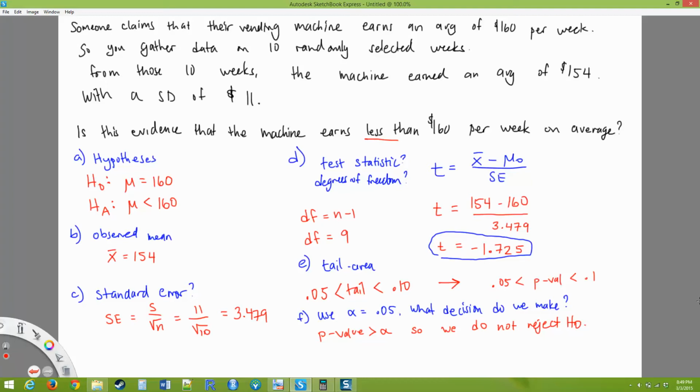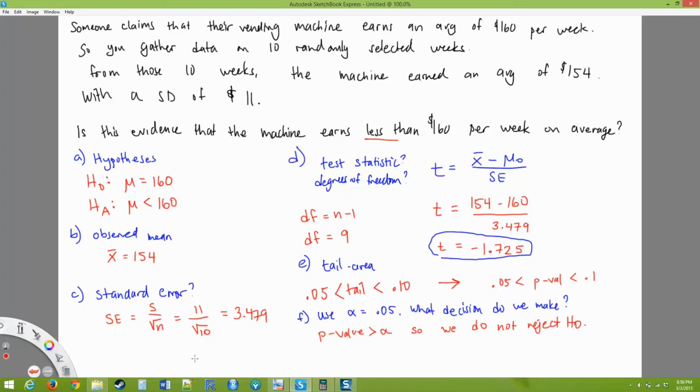And so, our final conclusion to answer this question, is this evidence? Is this being the fact that when we picked 10 random weeks, it earned an average of $154? Is this evidence that the machine earns less than $160 per week?